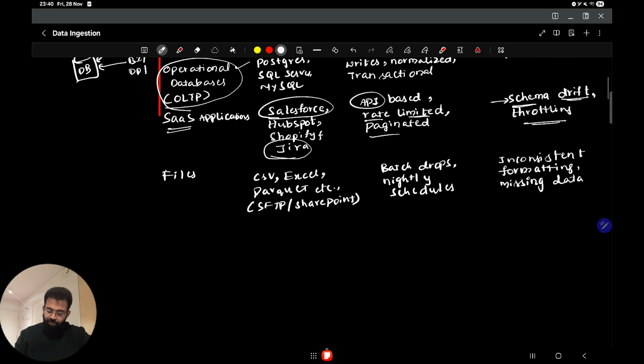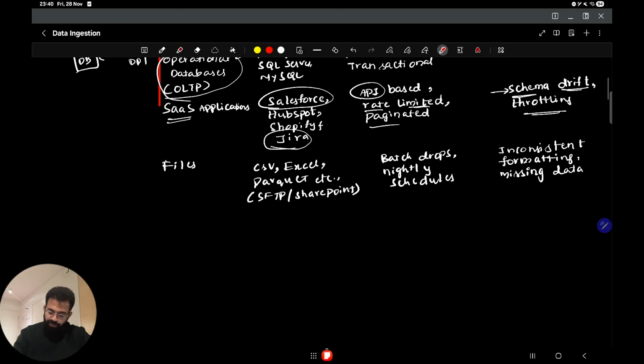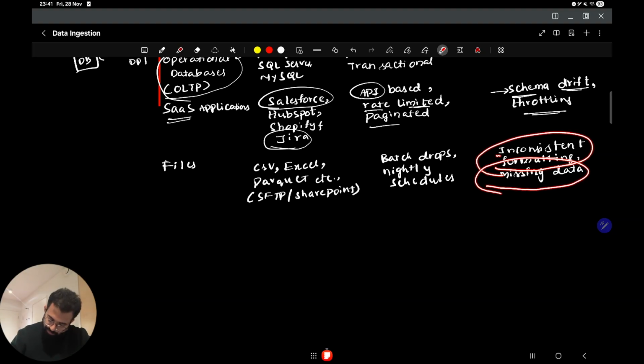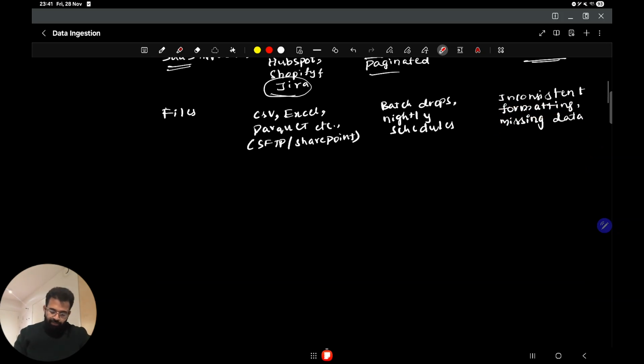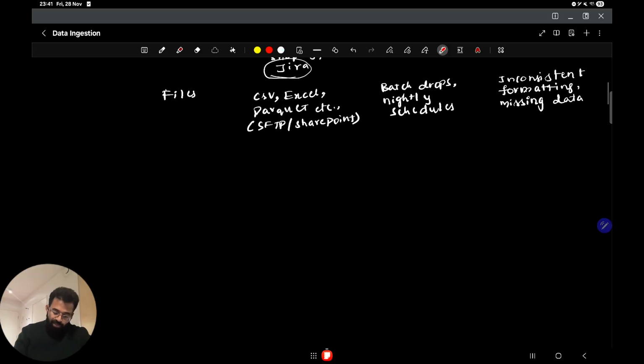You might realize that your nightly schedule ran successfully, but it produced absolutely no records, and you are wondering why it didn't produce any records. So these are some of the challenges when dealing with file sources: inconsistent formatting and missing data.